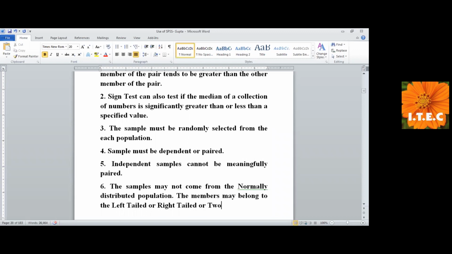Two-tailed means on the left as well as the right. Either it is completely left or it is completely right, or it may be in between. Because two-tail is always in between.